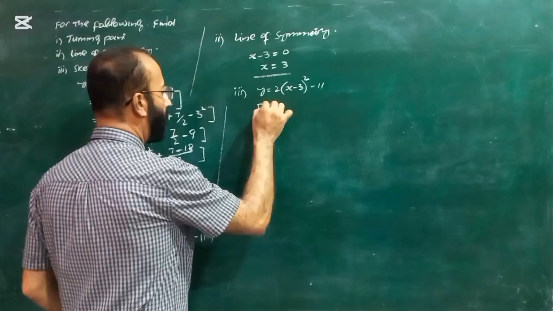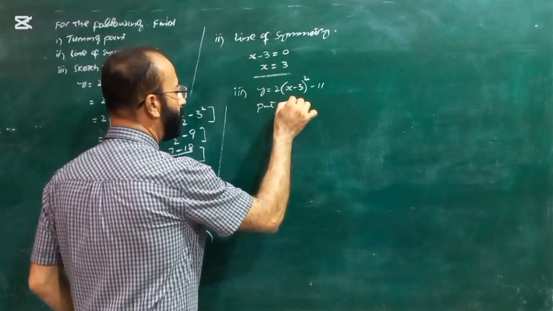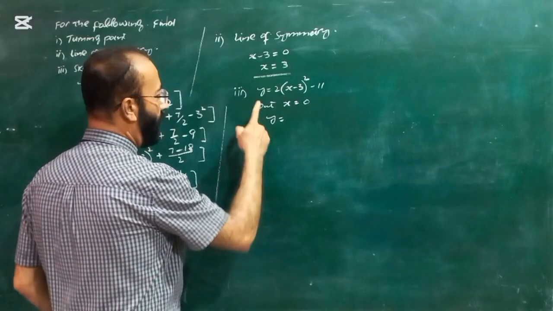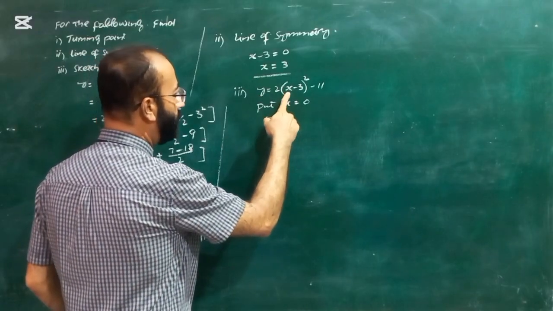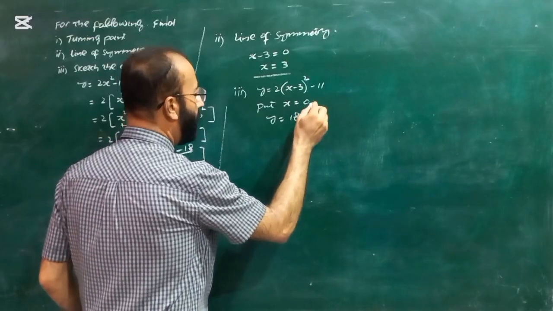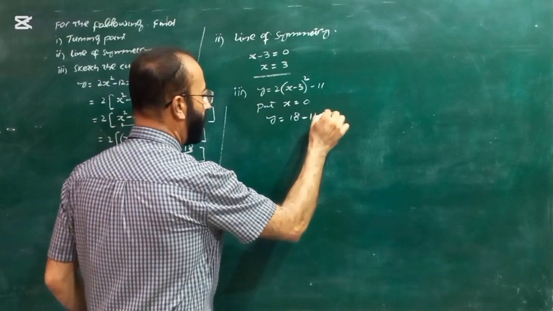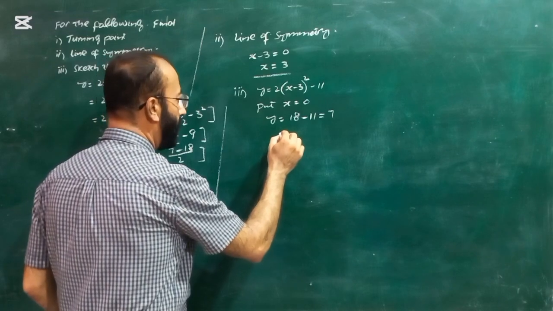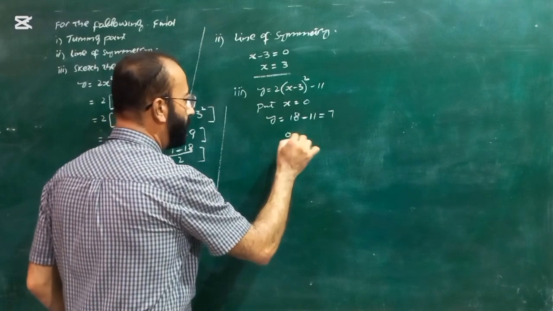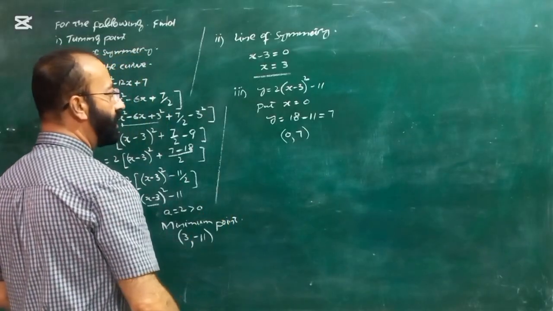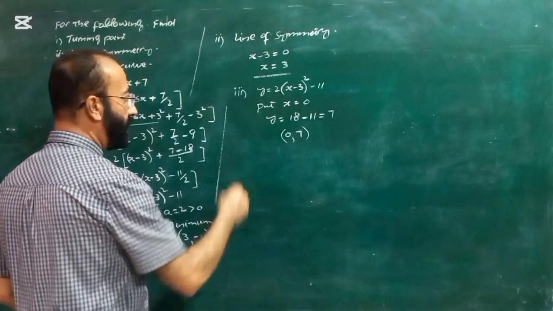So put x = 0, so that y = 2 times (-3)², that is 9, 9 twos are 18, minus 11, that is equal to 7. So the point is (0, 7). This is the intersecting point at the y-axis.